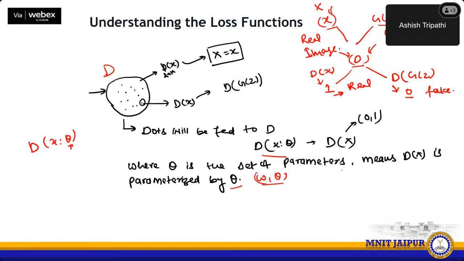After the training, this discriminator network will have the capability to take some input and generate some output, either 0 or 1. Got it? So ultimately it is quite clear that the last layer of the discriminator network gives a probability value between 0 and 1. If that probability is near to 1, the discriminator says that this is the real image, and if the output value is near to 0, then it is the fake image.